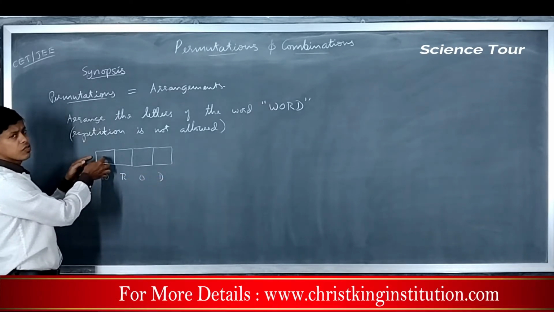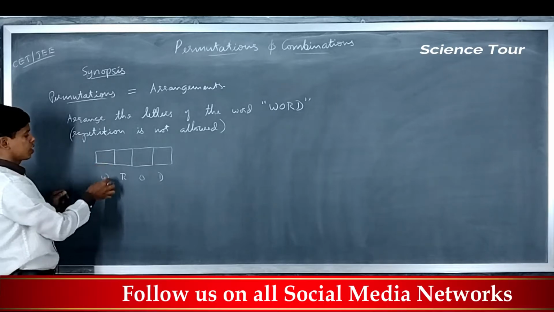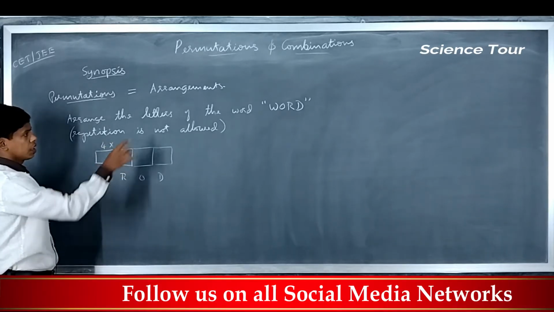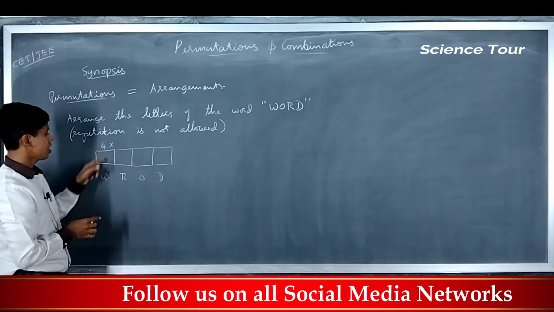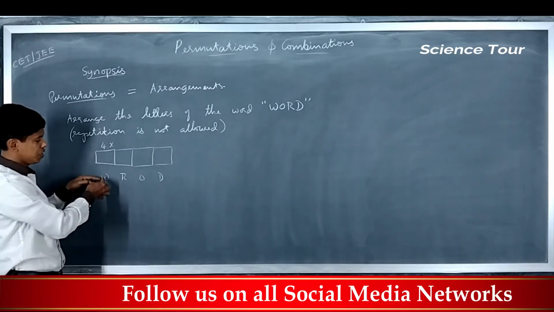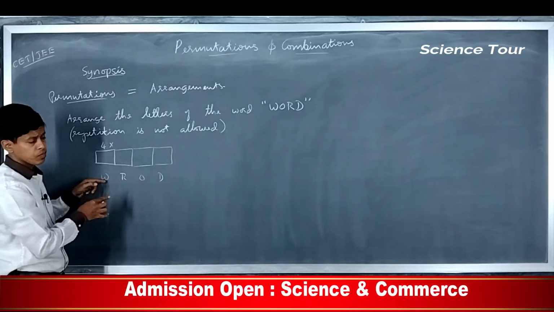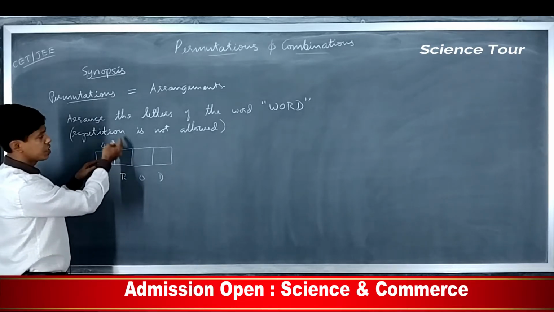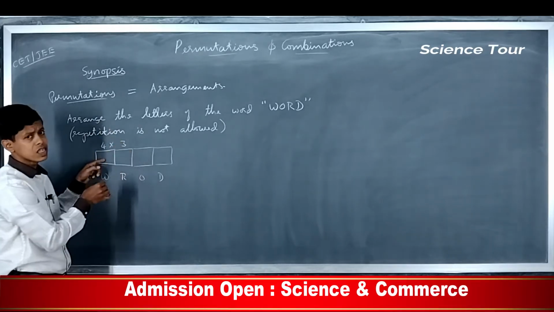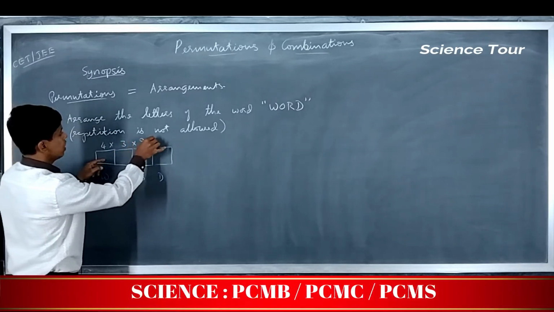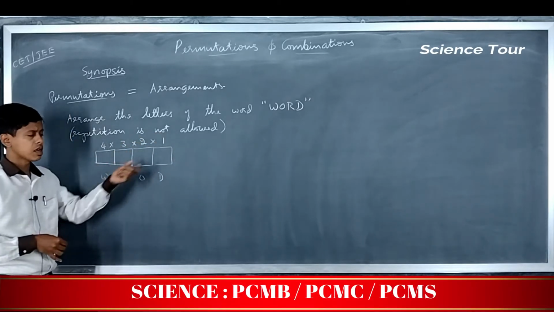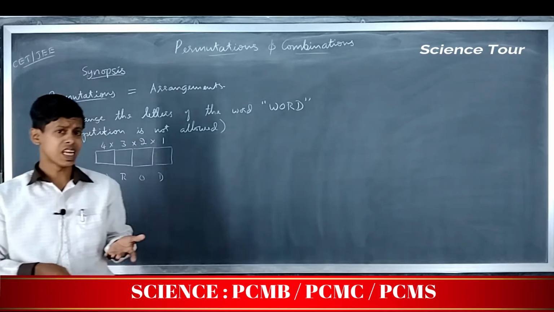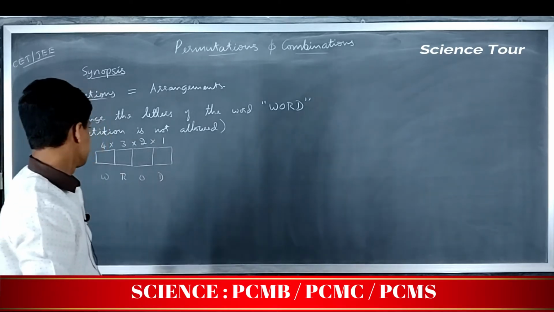So how many ways you can fill this vacant place? You can fill in 4 ways. Any one of the 4 letters you can put, maybe W, R, O or D, anyone. Once you have taken one letter here, you can't repeat that, okay. Repetition is not allowed. Therefore you have got only 3 options there and only 2 left, and you have got only 1 letter left. So there is only one way you can fill that last place, all right.